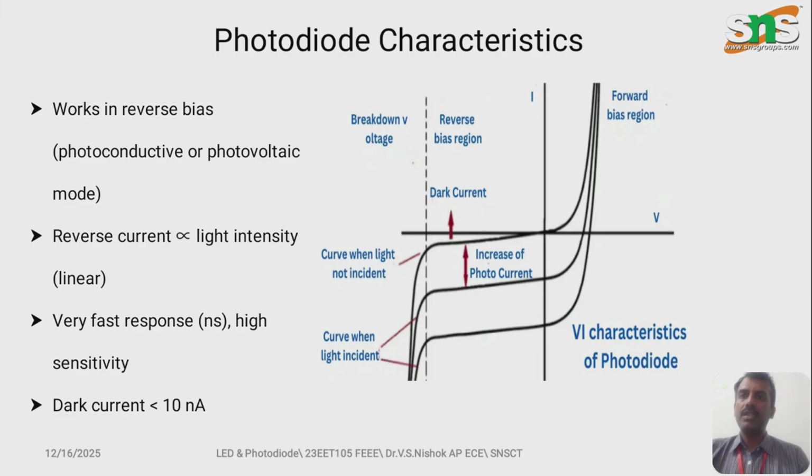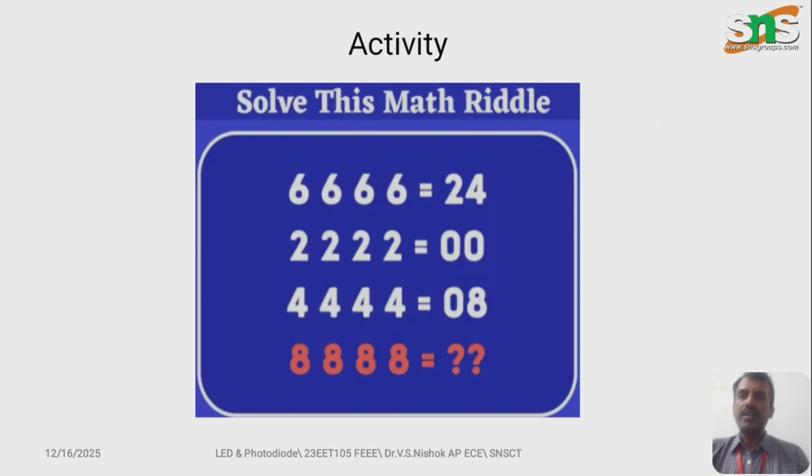If it crosses the dark current, it provides good electricity as expected. It has very fast response and high sensitivity. The VI characteristics shown here show the curve when light is not incident and the curve when light is incident, which is increasing rapidly. So this is the time for activity.